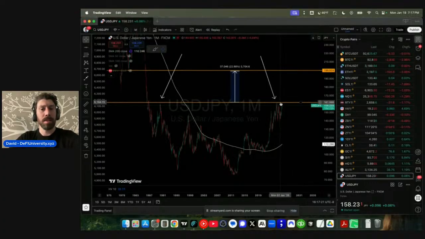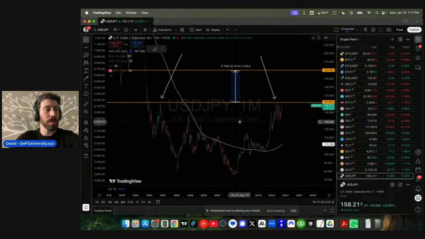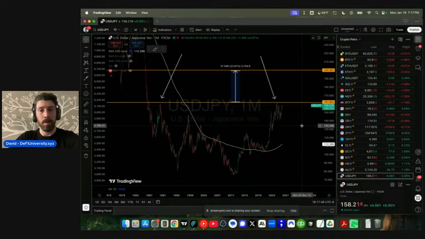So this level of resistance here, if broken, I think the yen would send USD JPY all the way up to 200. So I think USD JPY at 200, if 162 breaks, makes a lot of sense. And so that would be a 20% move or so, a 20% depreciation in the yen. So that's definitely something to be on the lookout for.